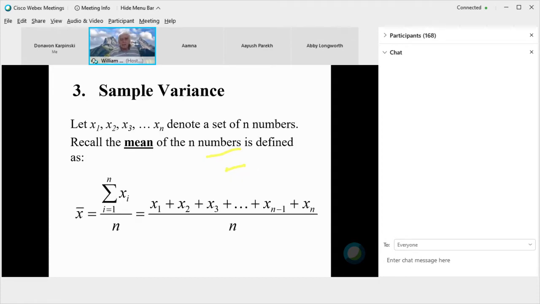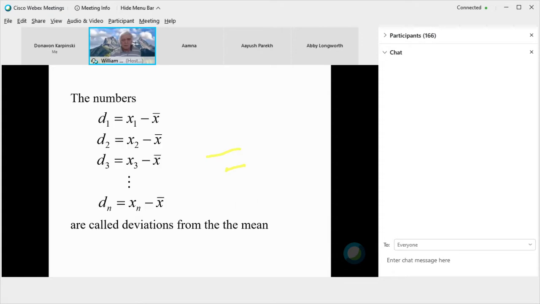The sample variance, this is another measure of variability. Recall that the mean is the sum of the x values divided by n. It's the center of gravity of the x values. Now compute deviations, each observation with x bar subtracted.